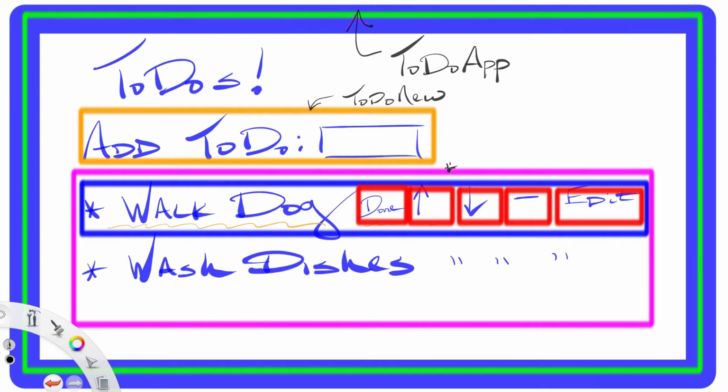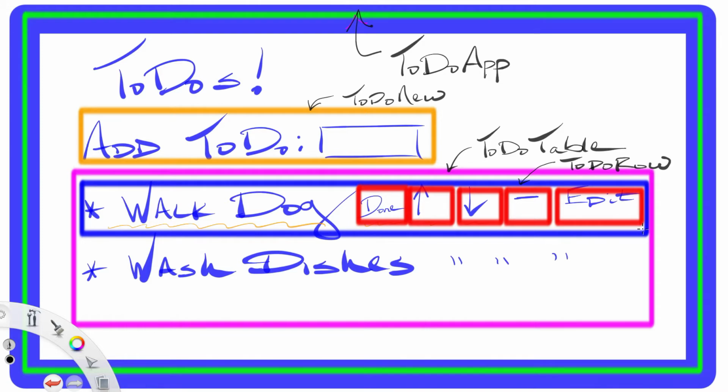And we'll have a ToDo table. We will include a, let's see, this row. This will be a ToDo row.